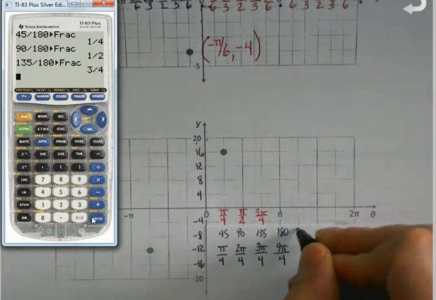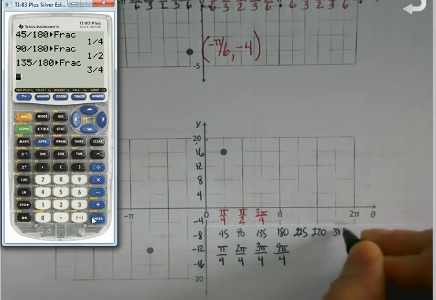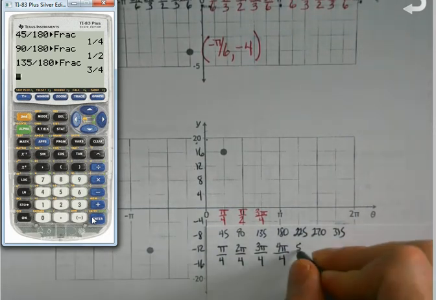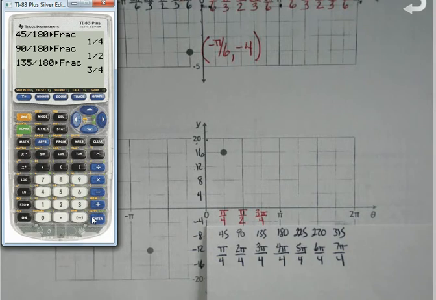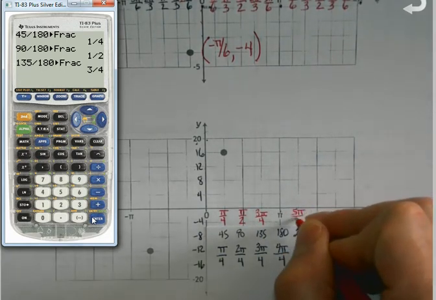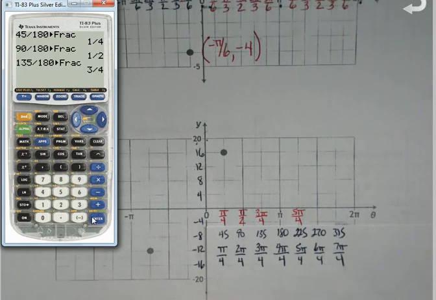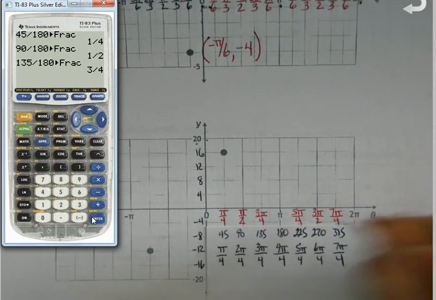So if we're going to go that route, I can do it in degrees, or I can just keep adding a pi over 4 until I get to the end. They both work. So if I have half of you wanting to do it one way and half of you wanting to do it the other, it's okay, because you're both going to get to the right answer.